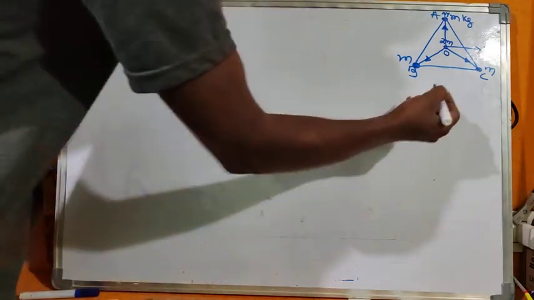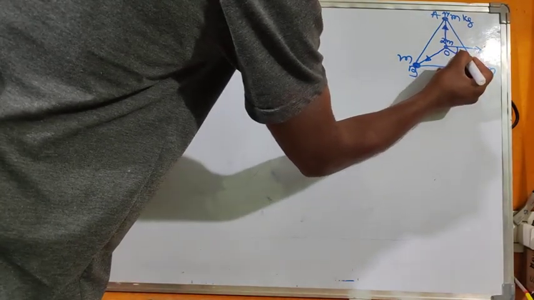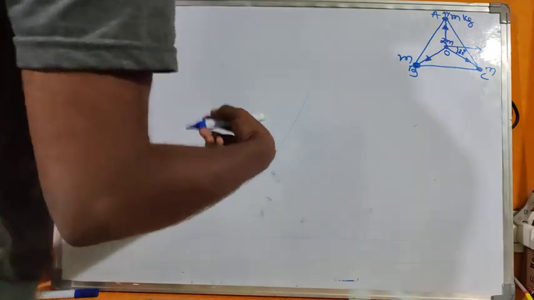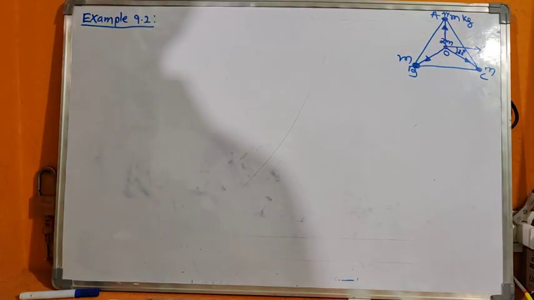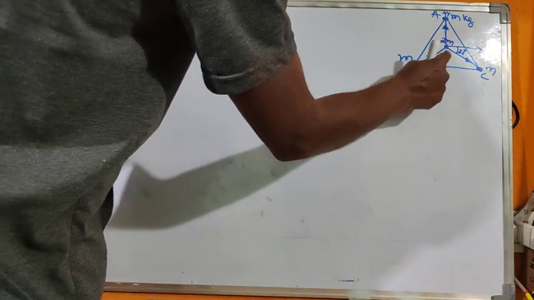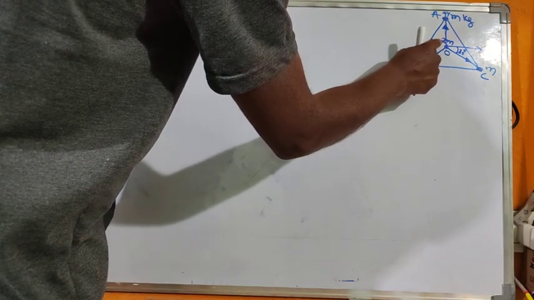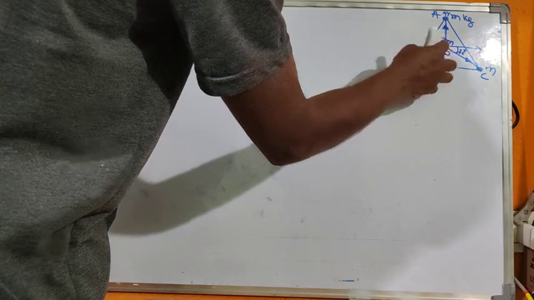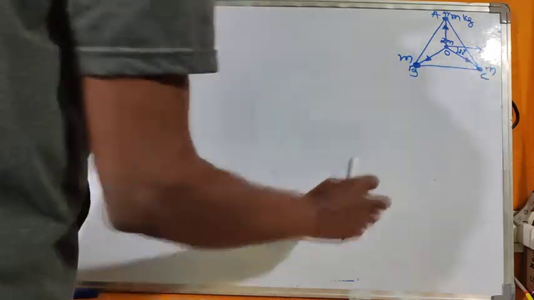Then with the x-axis it makes an angle of 30 degrees. Now write down the forces acting on the 2m mass at the centroid by A, B and C.